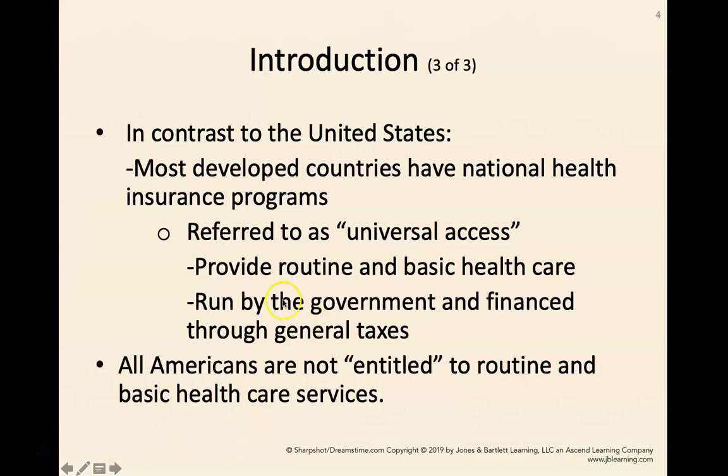So the key words here are routine and basic health care, provided to a country's citizens or residents, and it is, for the most part, if not all the time, run by the government, meaning the government is the central entity in the way the systems are run. And it is financed through taxes from the general population.